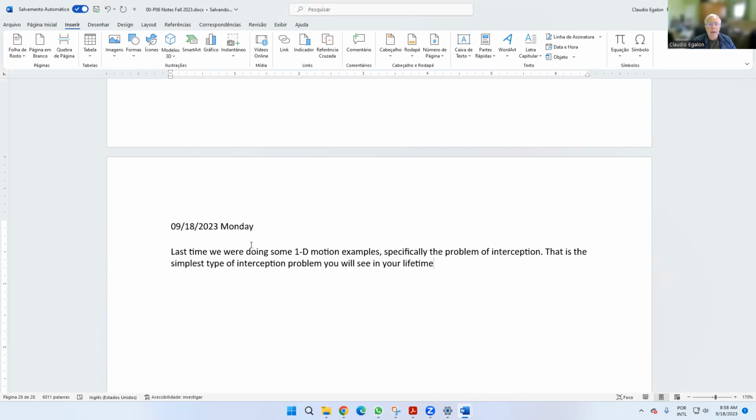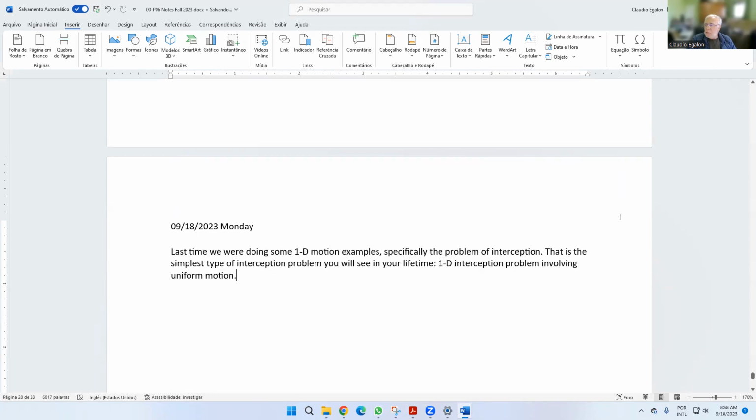Okay, a 1D intersection problem involving uniform motion. But you can extend this type of problem.